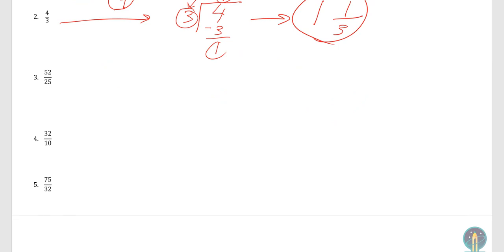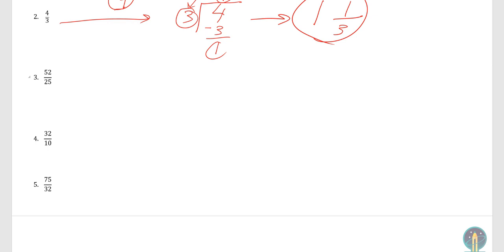Realize that you don't really have to go through the trouble of setting it up as a long division. Once you've practiced enough, you should be able to do it in your head. So basically ask yourself this question: how many whole times does this denominator go into the numerator? In this case, how many whole 25s are in 52?